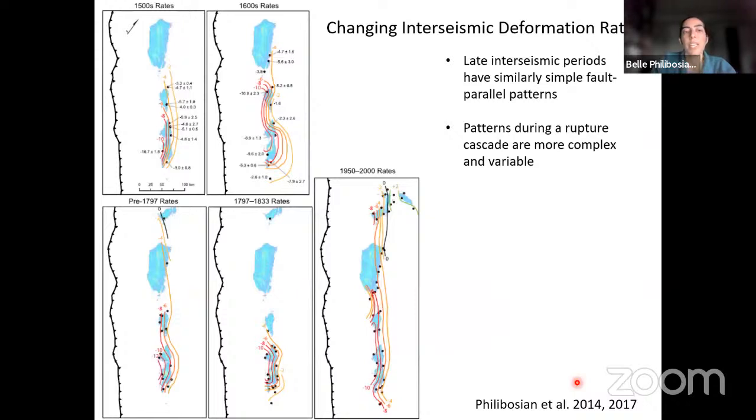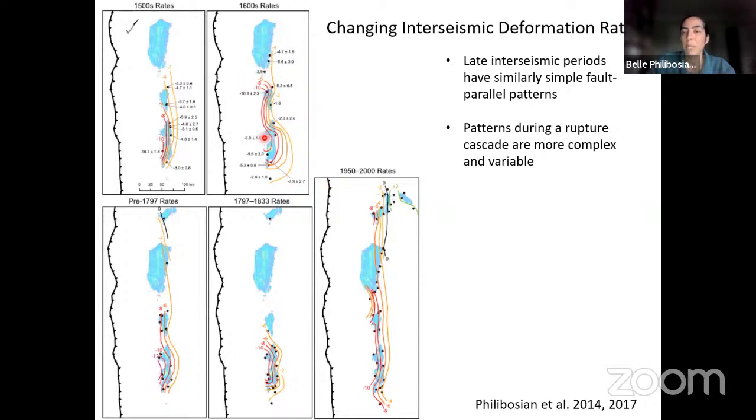So in addition, we also noticed some interesting things about the deformation rates over time. These are maps of deformation rates in various time periods. We note that in the late interseismic period, so this is basically right before one of these rupture cascades begins, the patterns are fairly simple with fault parallel subsidence happening.